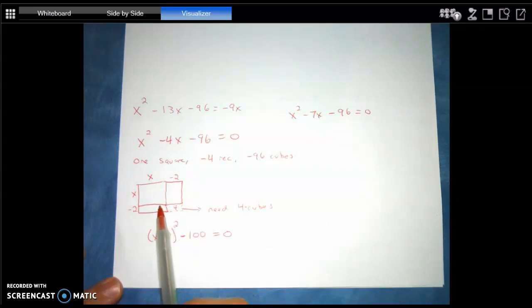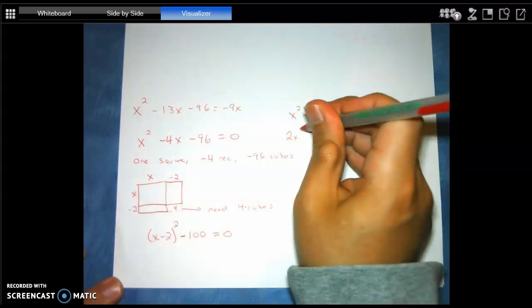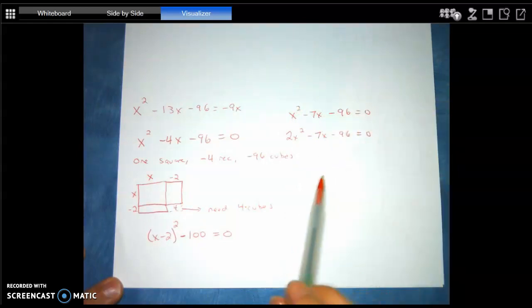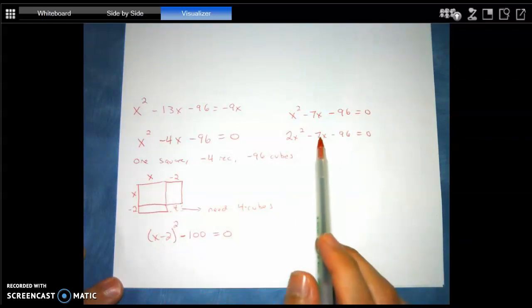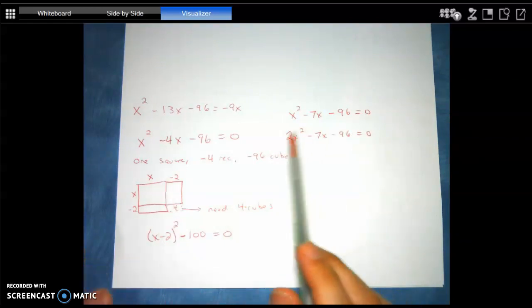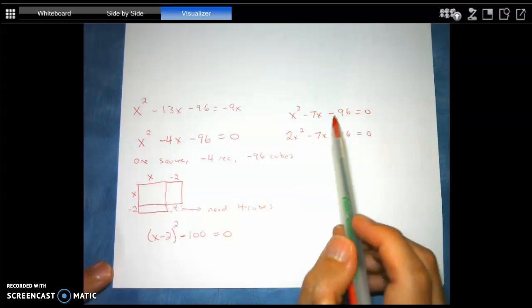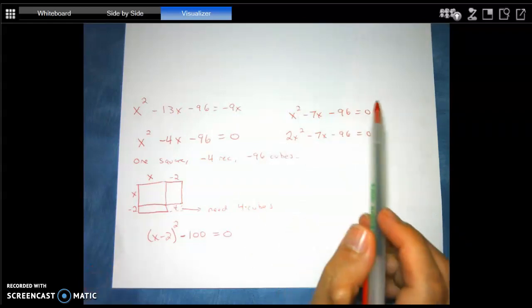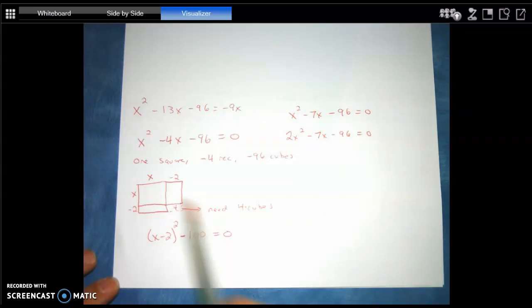So we'll do that in the other video, and we're also going to do something like this, 2x squared minus 7x minus 96, where now you have 2 of the starting squares, but you have 7 rectangles to split amongst that. So it gets a little bit trickier, but this is where I said in the beginning of the video, this method allows these to be very quick with fractions, if you really understand what's going on here. So, hopefully that helped.